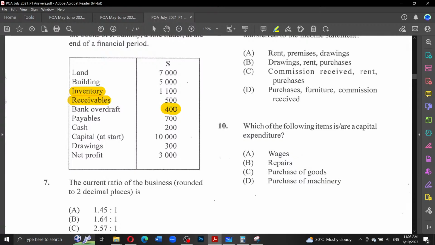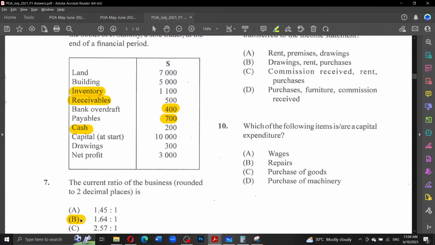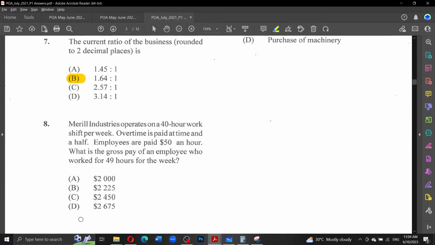The current assets are 1100 plus 500 is 1600 plus 200 is 1800. 1800 divided by 700 plus 400 equals 1100. So the answer is 1.636, which is 1.64 expressed to 1.